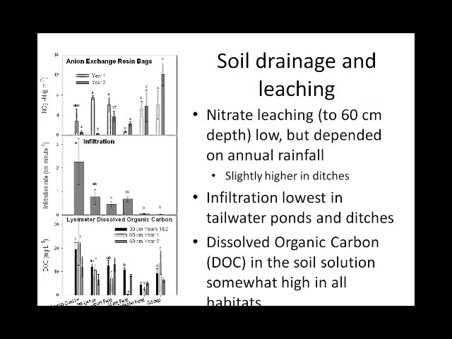So in terms of soil drainage and leaching, we used anion exchange resin bags buried about 2 feet deep to look at which habitats had the most leaching of nitrate. And what we saw was fairly low rates across the board for all habitats, only maybe about 20 to 40 kilograms of N per hectare.